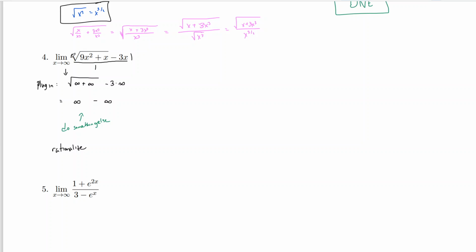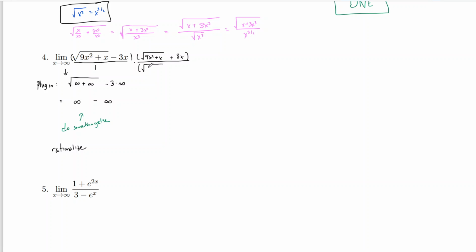And we know when we rationalize, what we're going to do is we take what our radical portion is and we change the minus to a plus, or if it's a plus, change it to a minus. We've got the square root of 9x squared plus x, then plus 3x. And what we do to the top, we must do to the bottom.